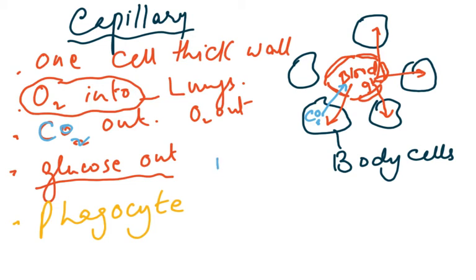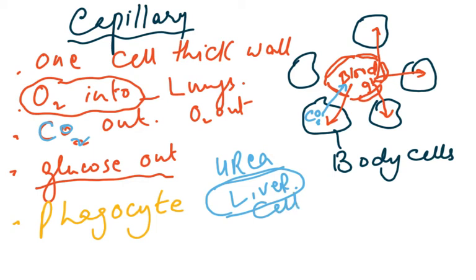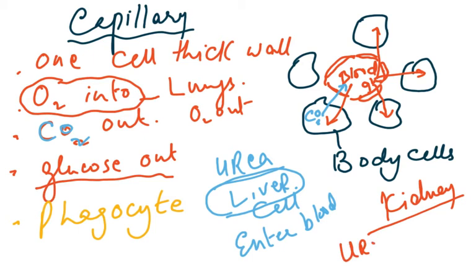Similarly, urea is produced in the liver. So the urea which is produced in the liver cells will enter the blood in the liver. But then when it reaches the kidney, the urea is removed from the blood.